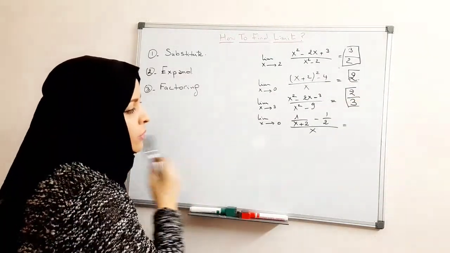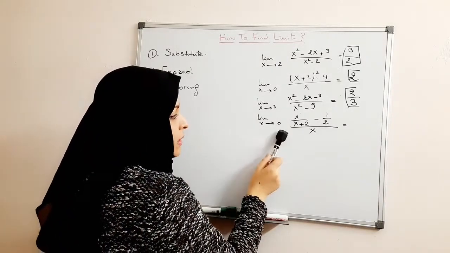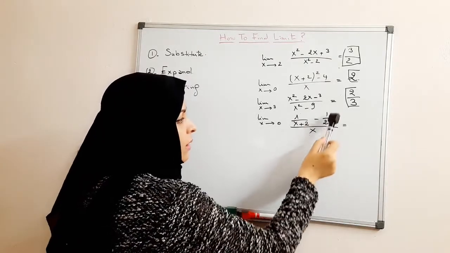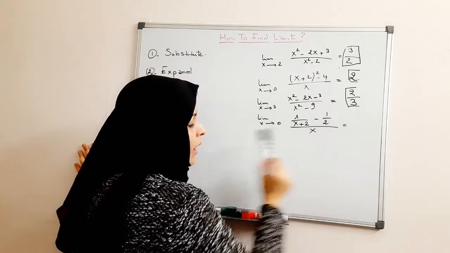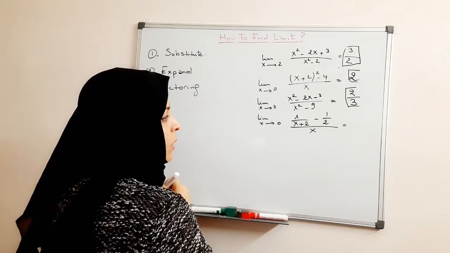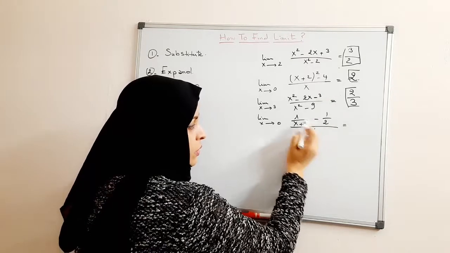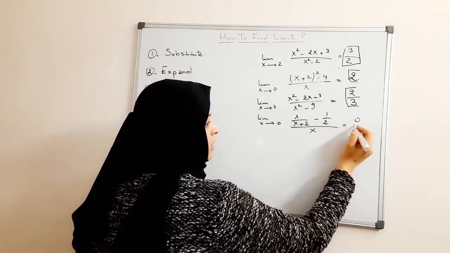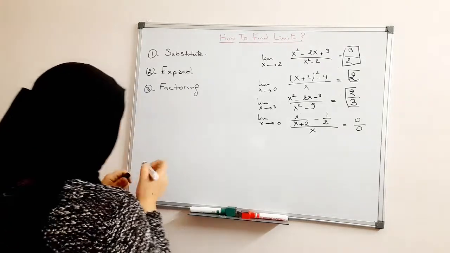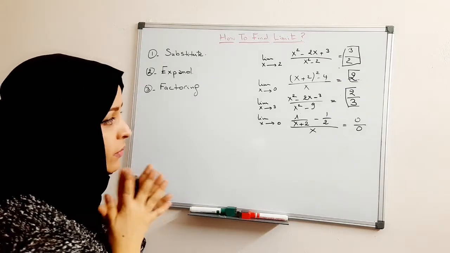Now let's move to another example. The limit when x approaches 0 of 1 over x plus 2 minus 1 over 2, all over x. If we try to substitute by 0, we get 1 over 2 minus 1 over 2, which is 0 over 0, an indeterminate form.